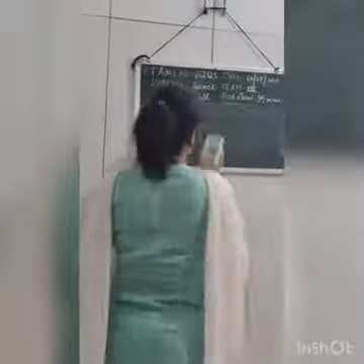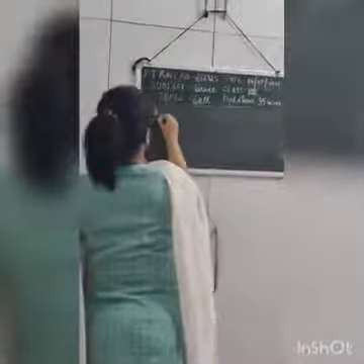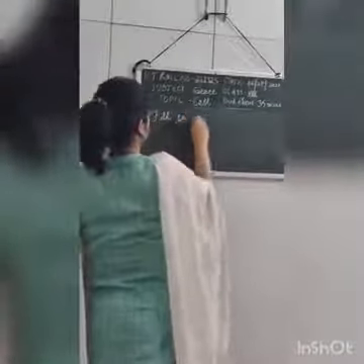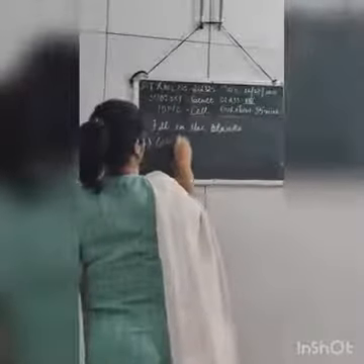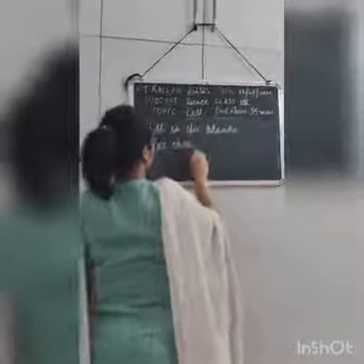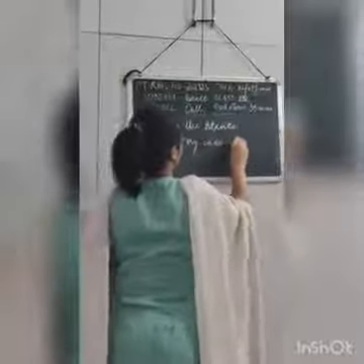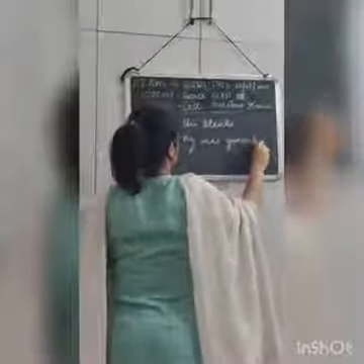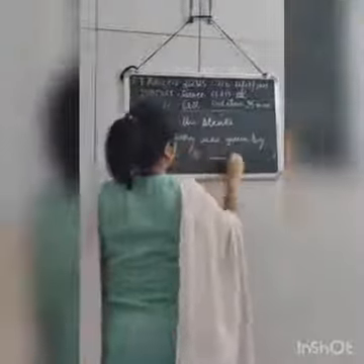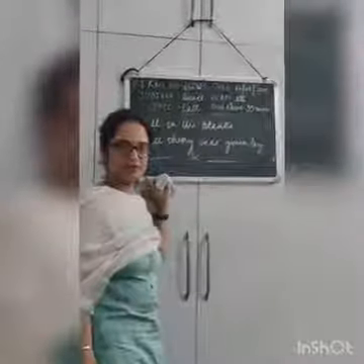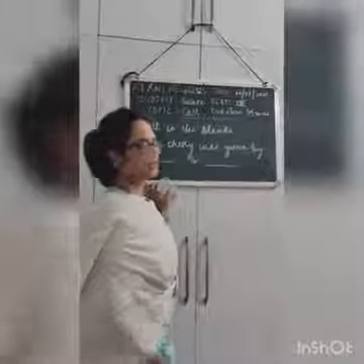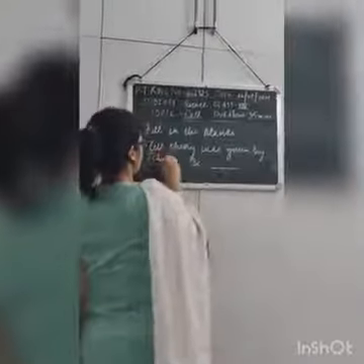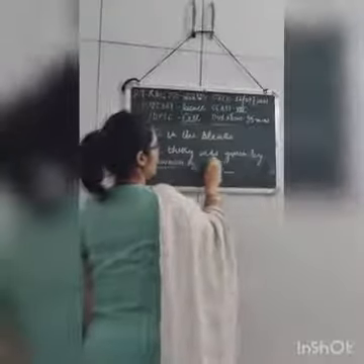So the next exercise that you have is fill in the blanks. First, cell theory was given by dash and dash. Cell theory was given by Schleiden and Schwann.